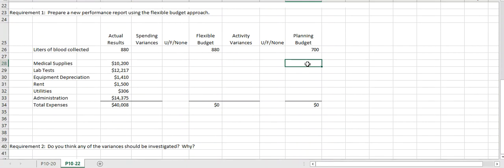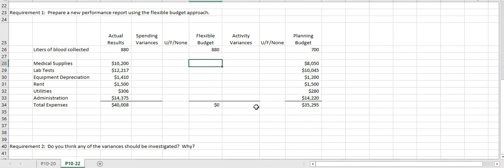So let me type those in real quick. All right, so our planning budget bottom total expenses was $35,295.